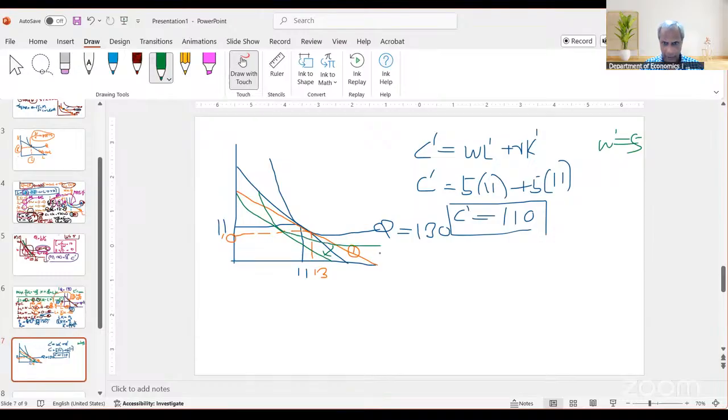The producers would be able to produce only 100, there are 10 laborers, sorry, up here, 10 laborers and 10 capital.